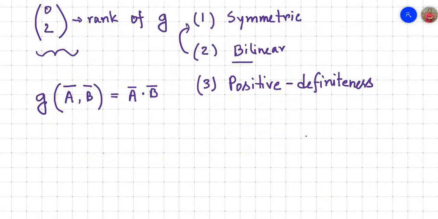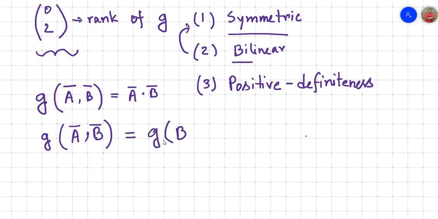So let me explain these characteristics or definitions. The first one is, of course, the concept of symmetry. What does it mean for a metric tensor to be symmetric? A metric tensor is symmetric in both of its arguments. That means if we have two vectors in this order, A first and B second, then it is the same to take B first and then A, and it will give you the dot product of these two vectors.